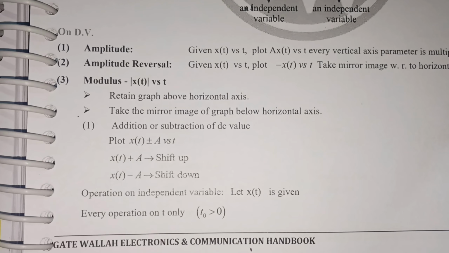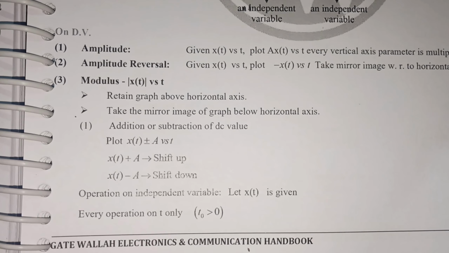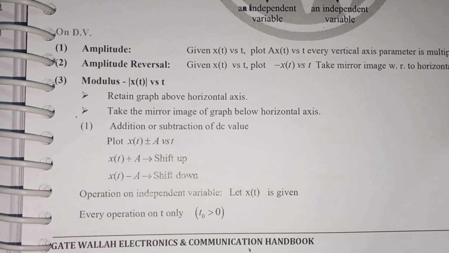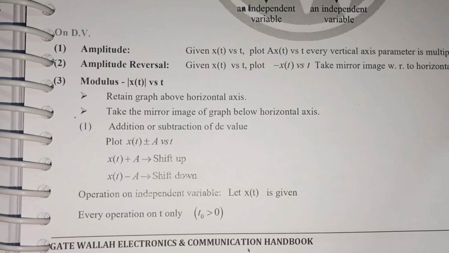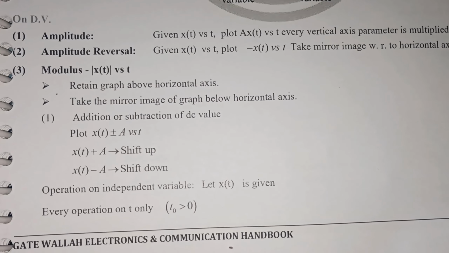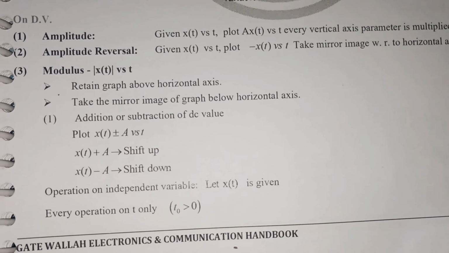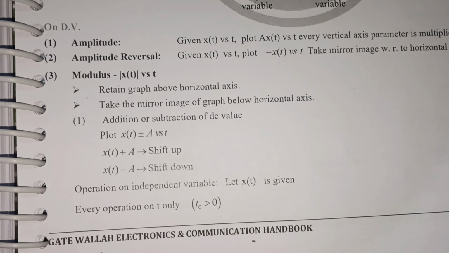Addition or subtraction of DC value. So here modulus means x of t can be negative or positive versus t. So the graph will come like this.